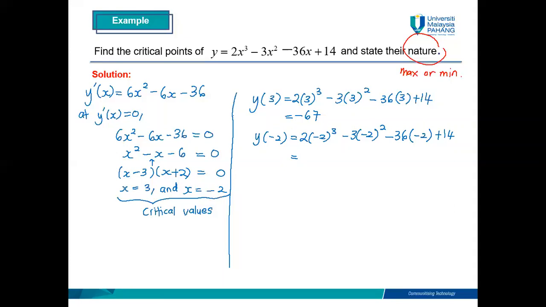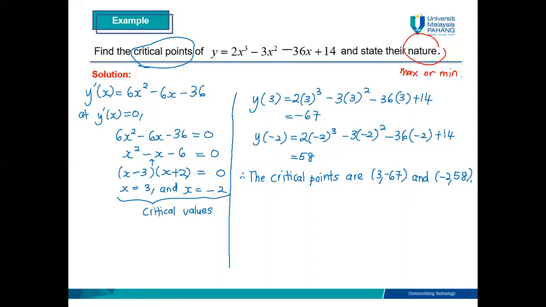So you got 58. Therefore what? Find the critical point, right? Kita nak cari critical point. So therefore the critical points are 3, negative 67 and negative 2, 58. We are done on critical point.